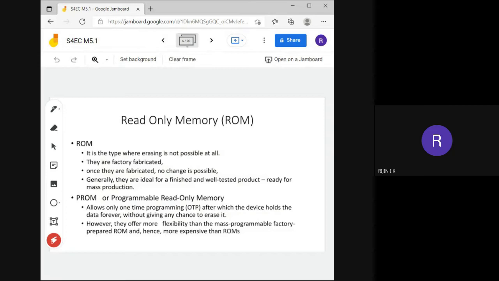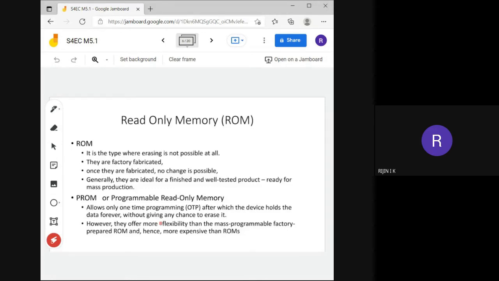Just remember the term, it is one-time programming, OTP memory. That means we can program it once and that will exist forever. We cannot change the content in that memory once it is programmed.